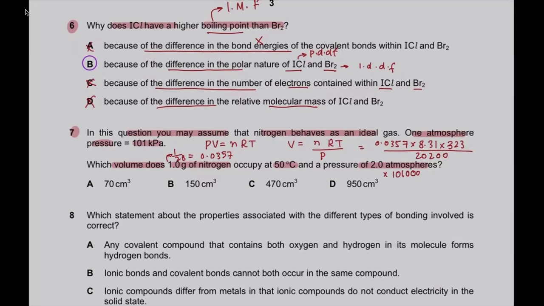So we will get the volume in meter cube, and that volume we got over here is 0.00474. So multiplying it with the exponent 6 will give me the volume of 4470.